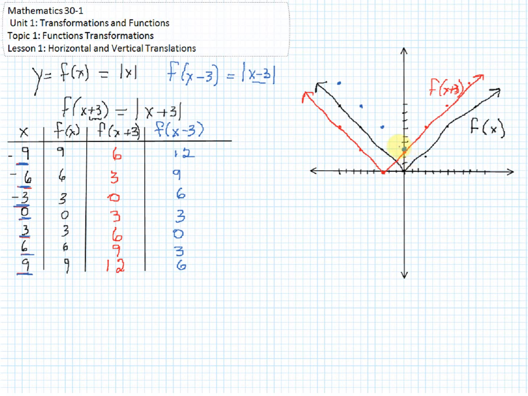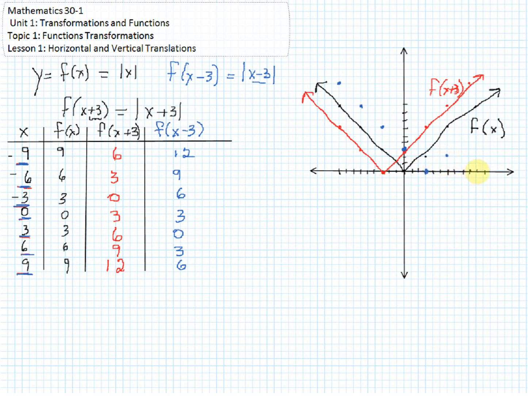Notice that that point is the same as on the other graph, so we have an intersecting point there. Not that that's significant, just something to note. An x value of 3 gives us a y value of 0. An x value of 6 gives us a y value of 3.